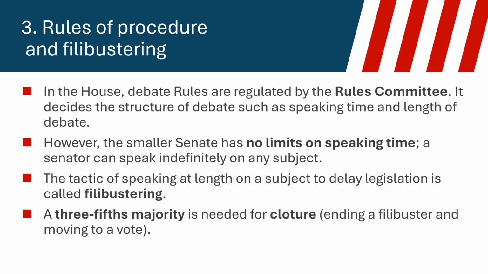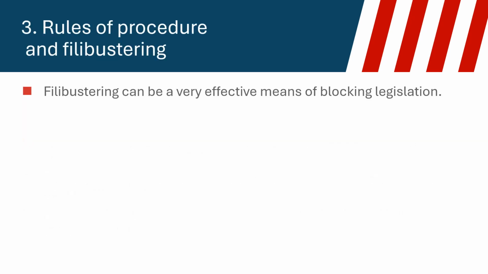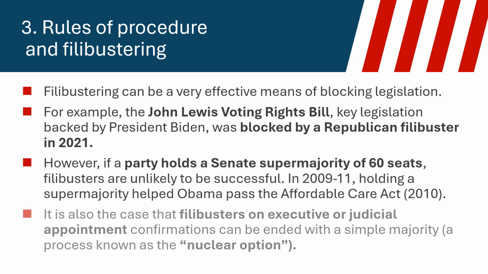A 3/5 majority is needed for cloture, that is, ending a filibuster and moving to a vote. Filibustering can be a very effective means of blocking legislation. For example, the John Lewis Voting Rights Bill, key legislation backed by President Biden, was blocked by a Republican filibuster in 2021.